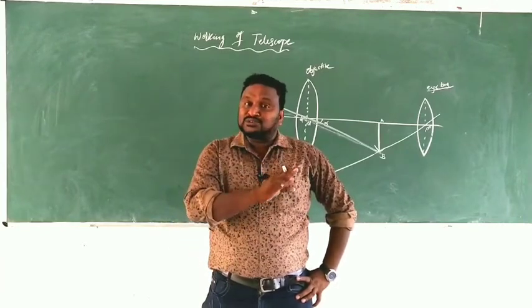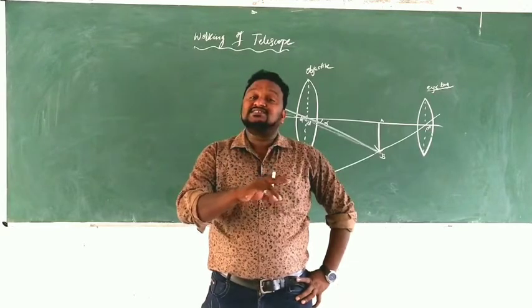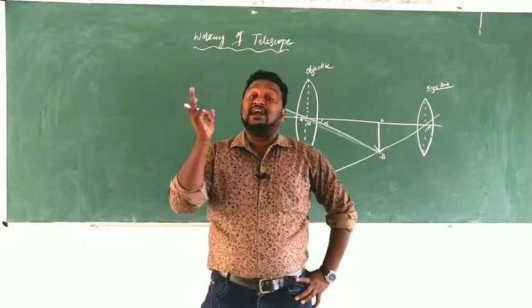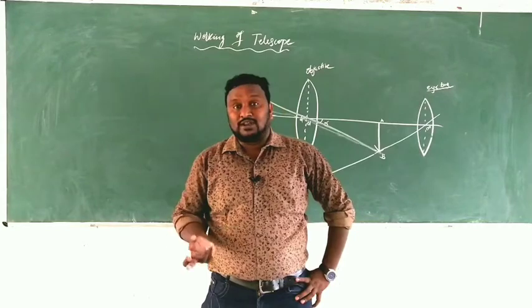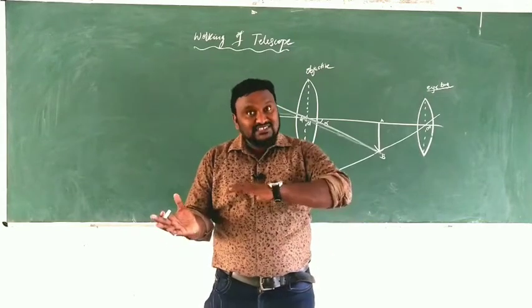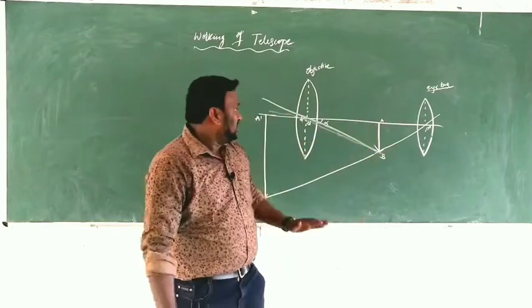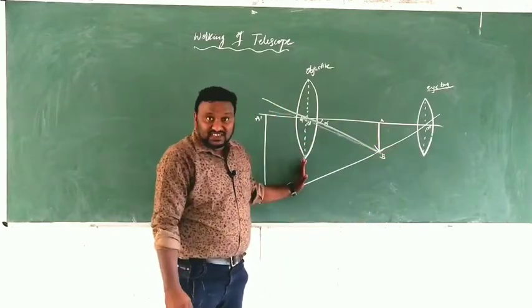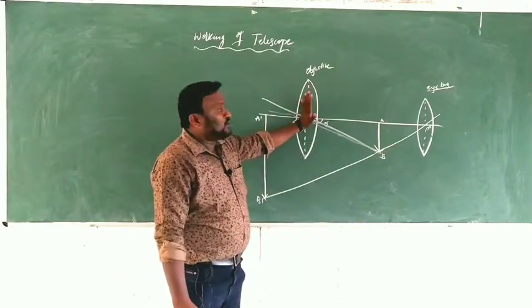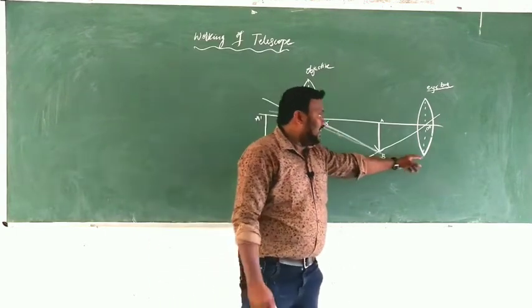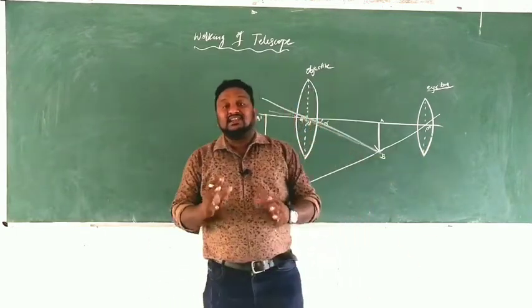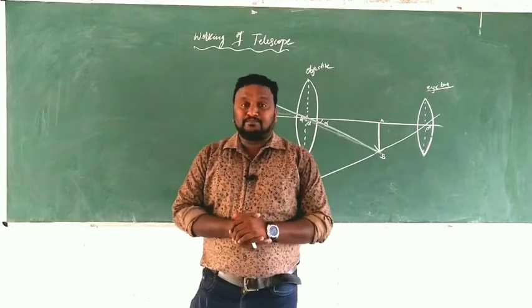The telescope is quite the opposite: the object lens has much more focal length and the eye lens has less focal length.